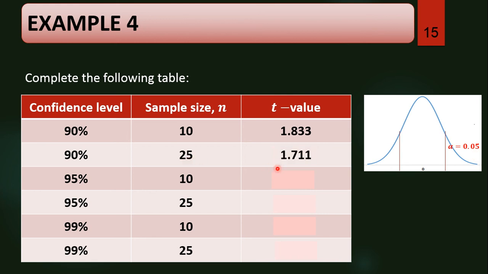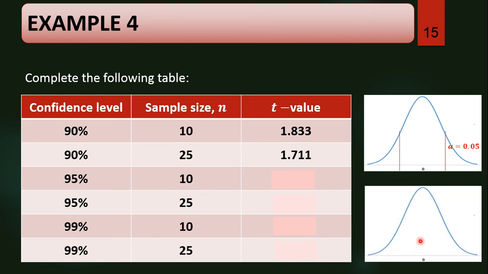So the same alpha, but you go further until your degree of freedom 24, you have here the value for T, 1.711. But if, let's say, you change the confidence level to 95%, meaning to say that the area will be wider at the middle here. Meaning to say that the remaining 5% will distribute equally left and right, which consumes 0.025.